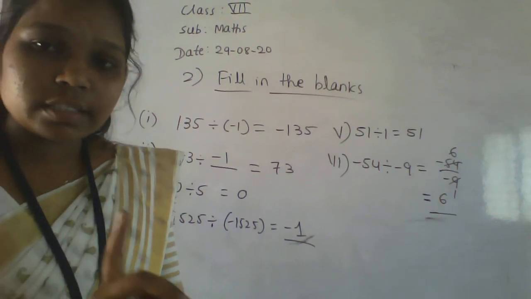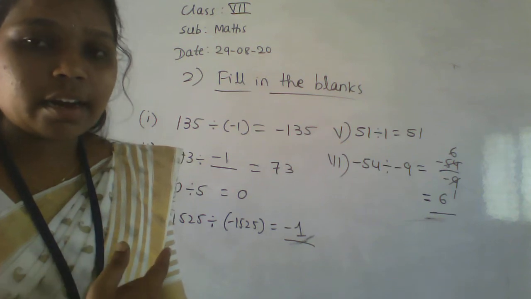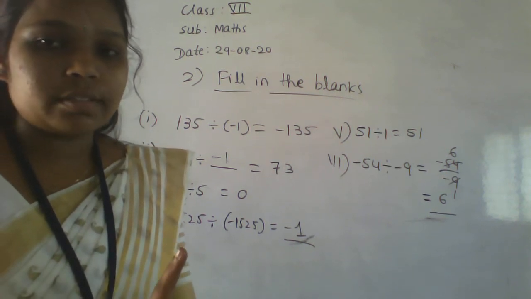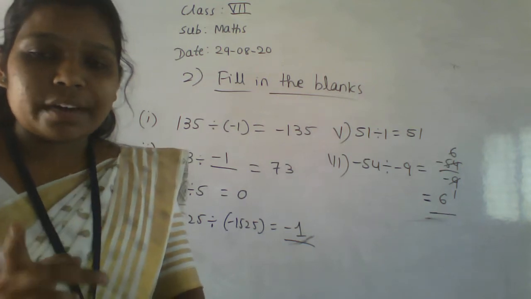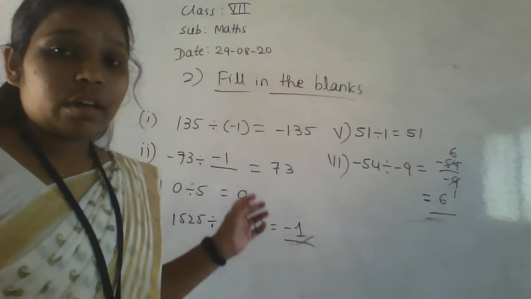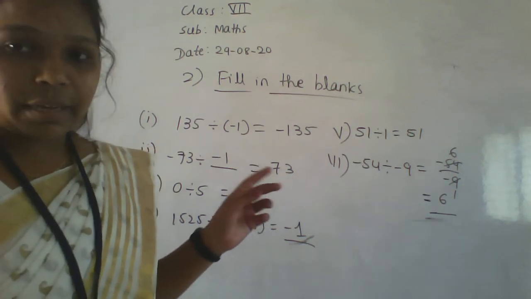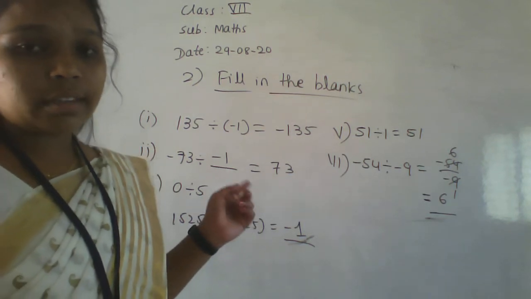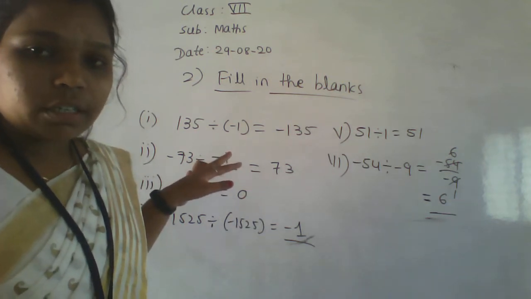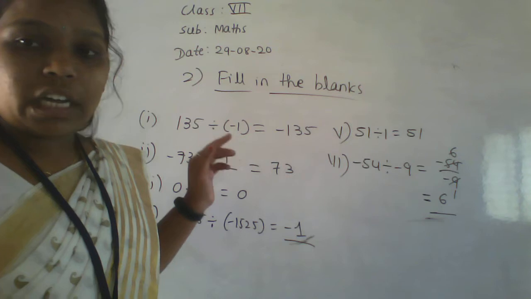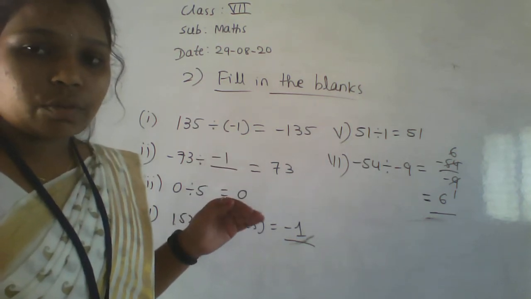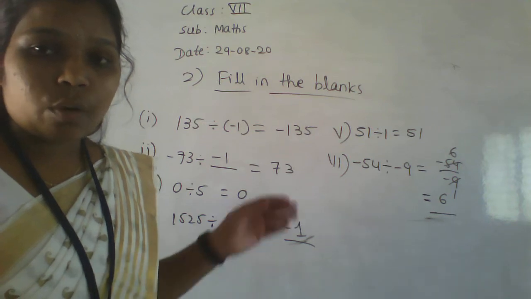Minus into minus is plus, and here also minus divided by minus is a plus. If plus into minus or minus into plus, we will get a minus only. In division also, if any one of them is negative, then the answer will be negative. If both are negative, then it is positive. If both are positive, then also it is positive. Whatever you do in multiplication, you have to do here.